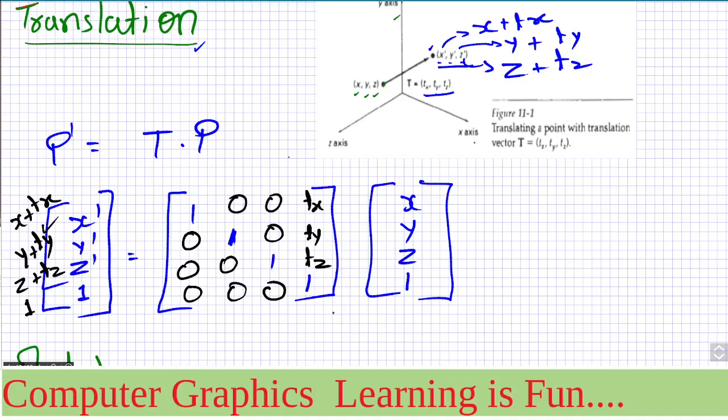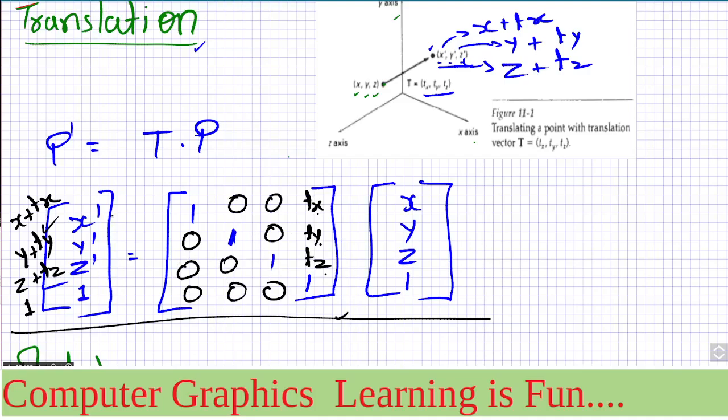So this is our translation matrix. If we want to perform this translation, this is how we do it. We just have to keep these values tx, ty and tz in the last column, and then we can perform the translation operation.